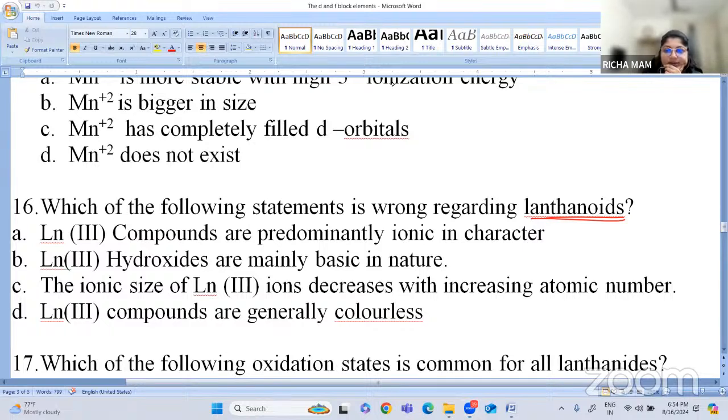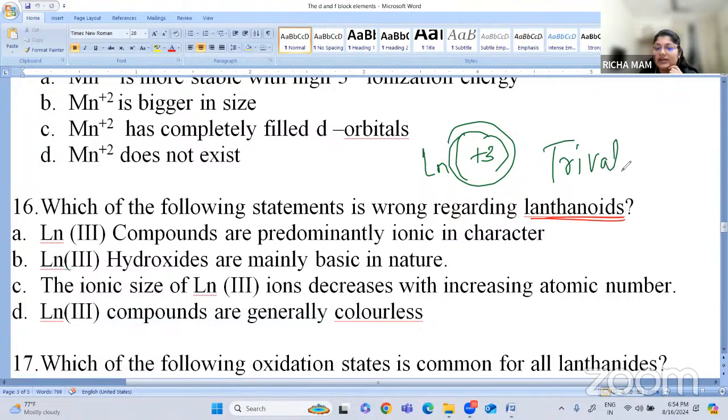Now here, when we see lanthanoids, in lanthanoids most of the elements commonly have the oxidation state +3. The common oxidation state of these lanthanoids is trivalent. They are trivalent in nature, or you call them trivalent ions.